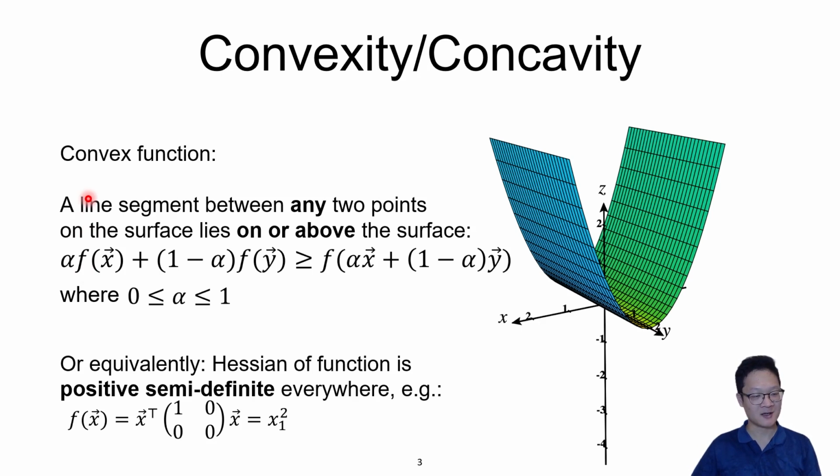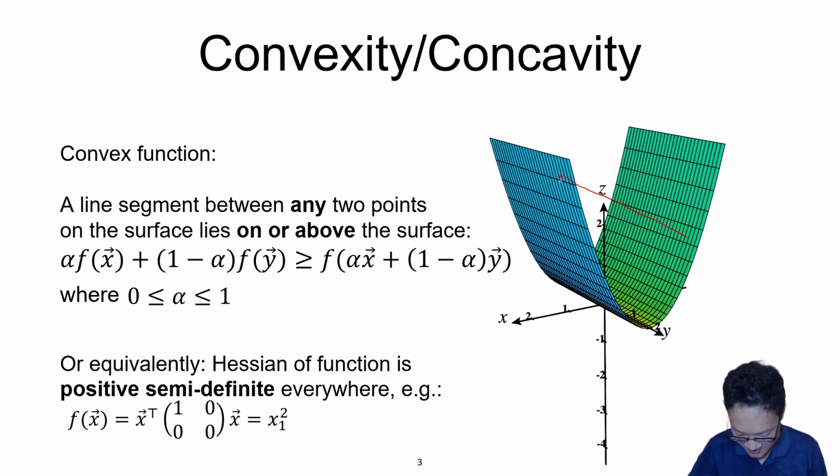Okay, so a convex function is defined, kind of colloquially, by this property: a line segment joining any 2 points on the surface lies on or above the surface. So that means that if I pick any 2 points on this surface, let's say this point, and then any other point, it doesn't matter, and I draw a straight line between them, then the line is always equal to or above the actual surface.